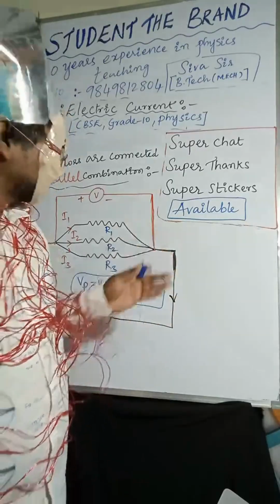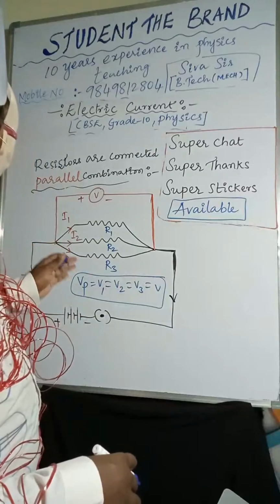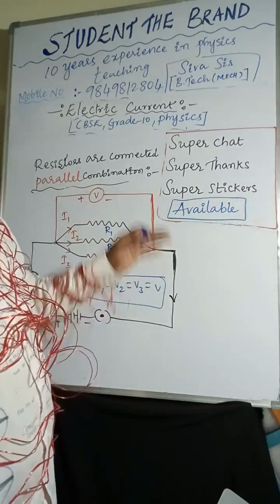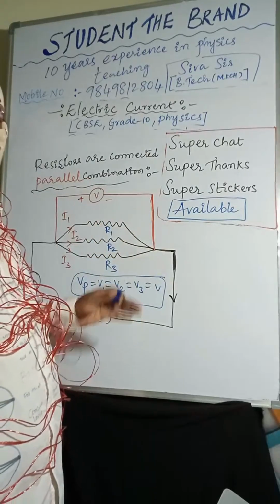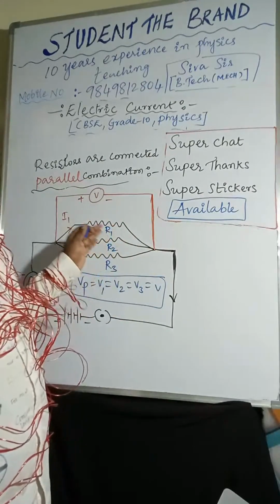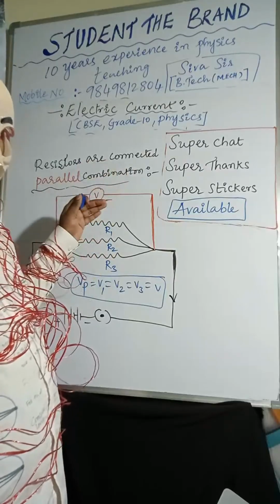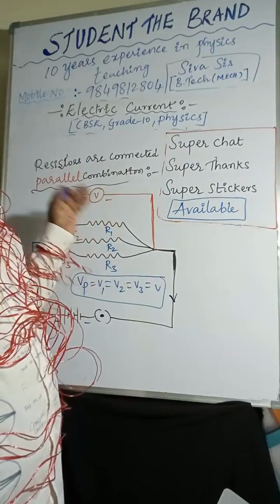And one more thing you are considering: current is different in the parallel combination. Through each appliance, current will move in a different way, according to the requirement.